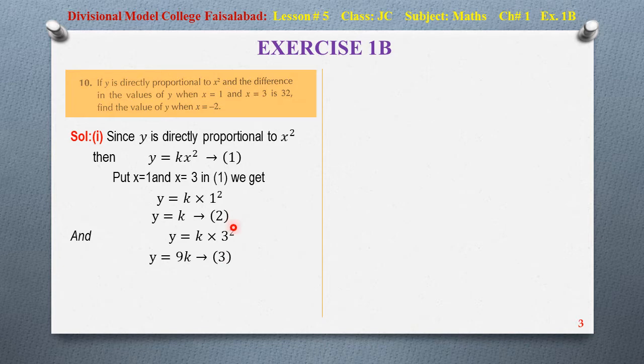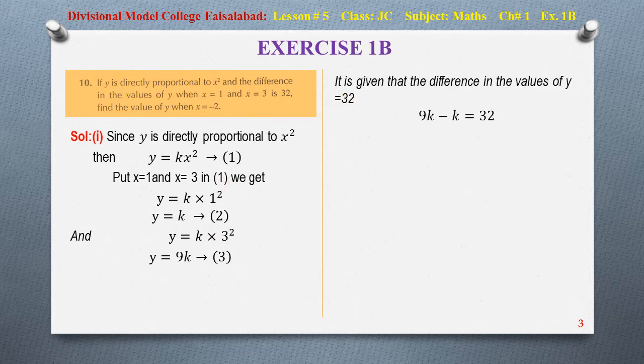Now because we are told that the difference between these two values is 32, therefore subtracting these two values and putting the difference equal to 32 we get 8k is equal to 32 and the value of k is equal to 4.